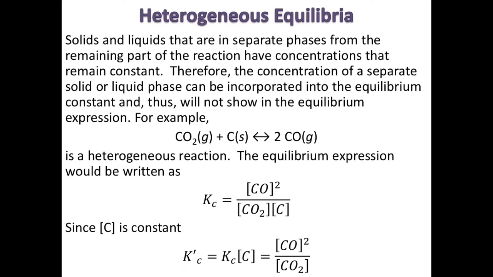So in this reaction, carbon dioxide plus carbon makes 2 carbon monoxide. The carbon will not show up in the reaction quotient or the equilibrium constant because it is constant.